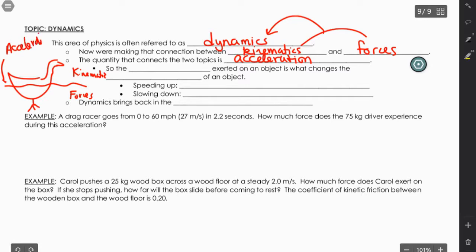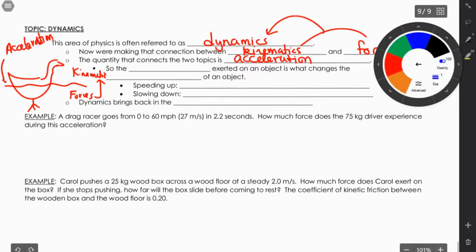So our duck represents our dynamics, okay, above, kinematics, below, forces, and then the water line is acceleration. So sometimes you may start under the water and go up, above the water, or you start above the water and you go down into forces, okay?